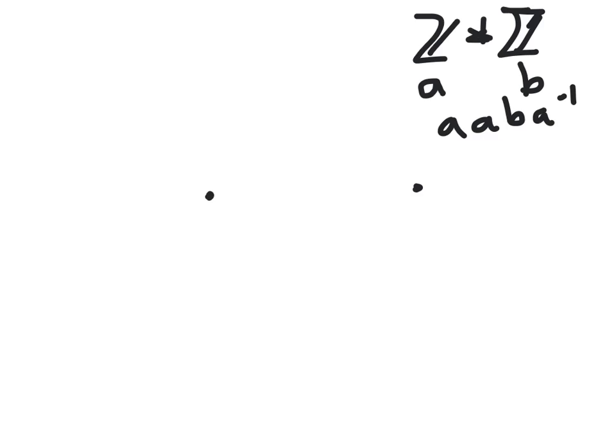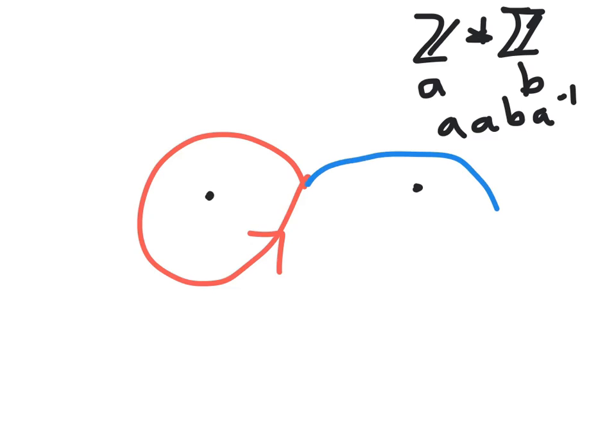And A and B are not allowed to commute with each other in this group. So I just want to convince you that this group should have something like this structure. So here's the loop A, here's the loop B. Doesn't matter which way I go around.